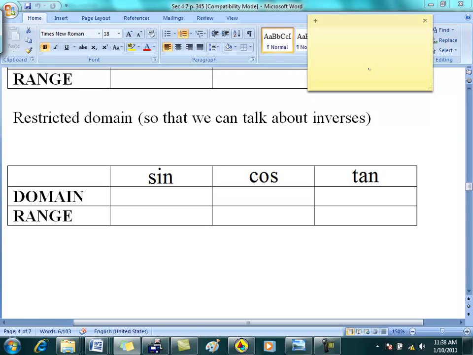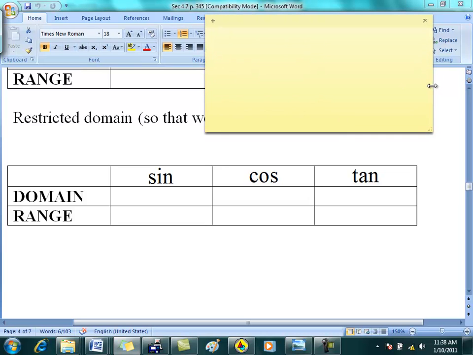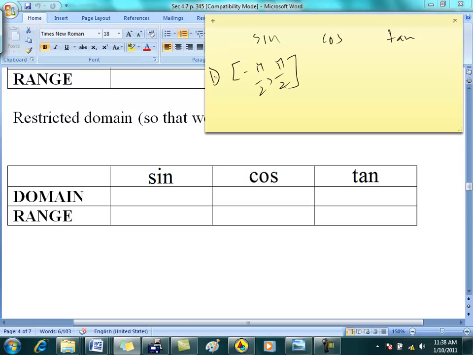The range doesn't change. So to get an inverse, sine is going to be restricted between minus pi over 2 and pi over 2. That's the domain we are talking about. The range doesn't change. Cosine, notice, is from 0 to pi, and tangent is minus pi over 2 to pi over 2.